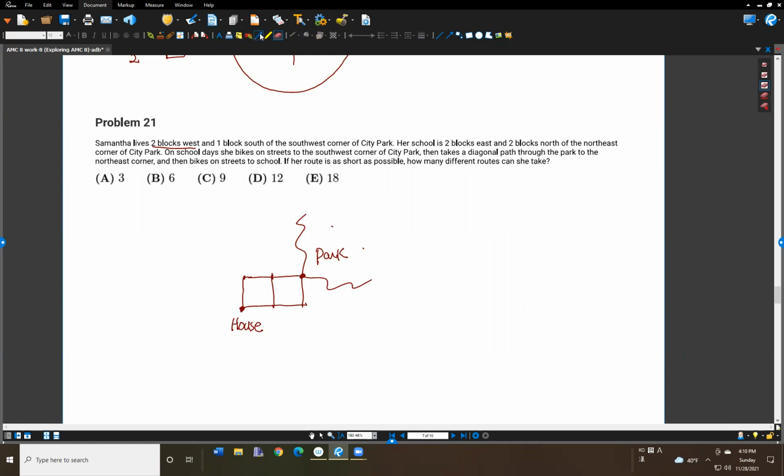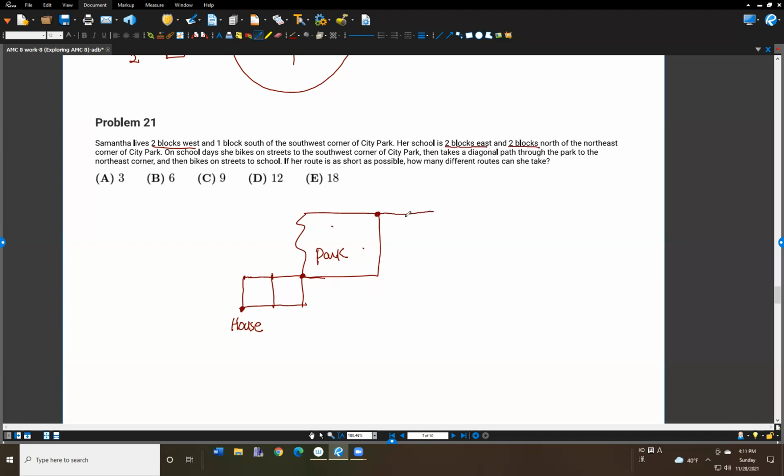Okay, that's the park, west and south. This is northeast. Now his school, where is his school? 2 blocks east, 2 blocks north.